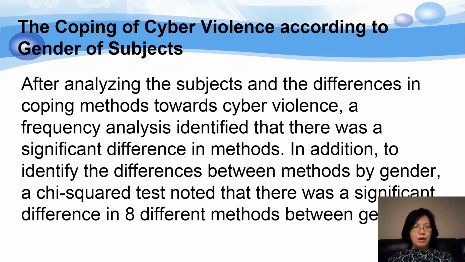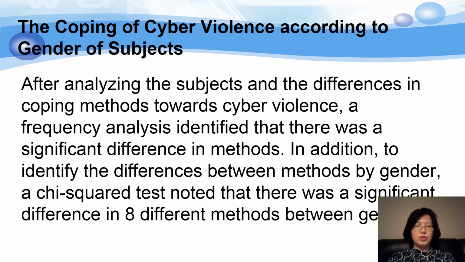The coping of cyber violence according to gender of subjects. After analyzing the subjects and the differences in coping methods towards cyber violence, a frequency analysis identified that there was a significant difference in methods.